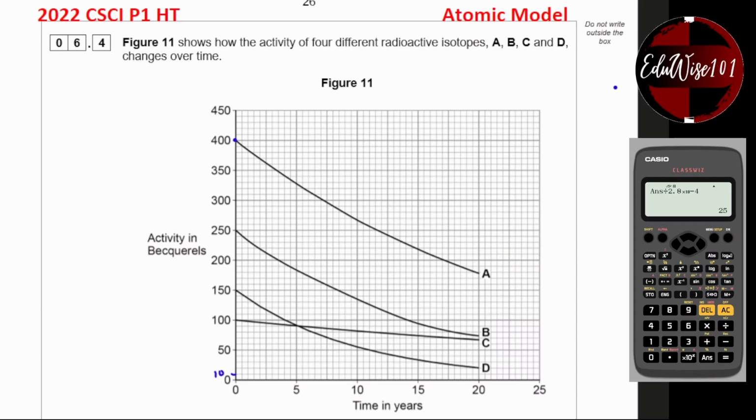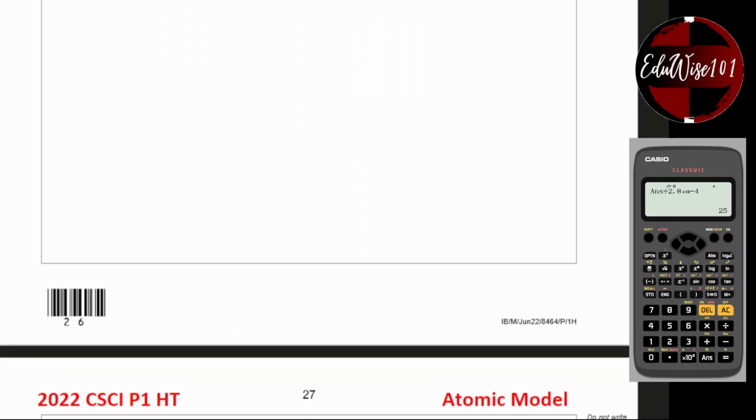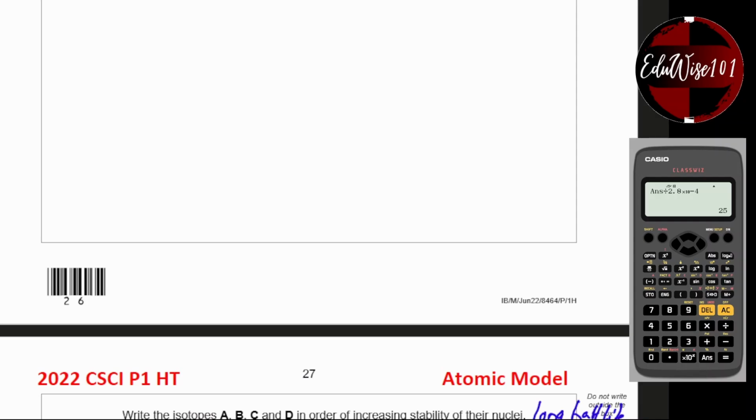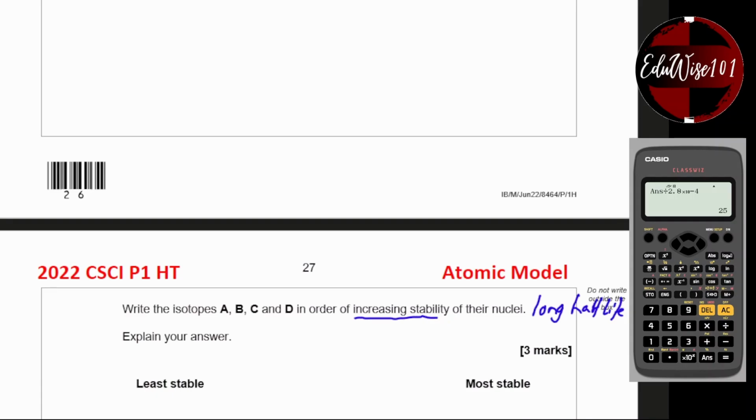Next part, question 6.4. Figure 11 shows how the activity of 4 different radioactive isotopes A, B, C, and D changes over time. So we have the activities in becquerel here for these 4 isotopes. The question they're asking is, write the isotopes A, B, C, and D in order of increasing stability.